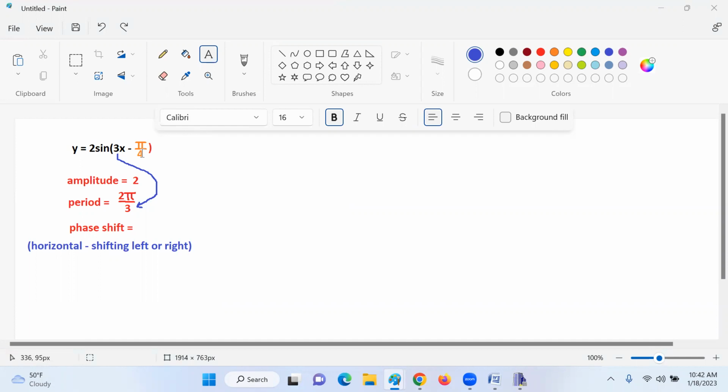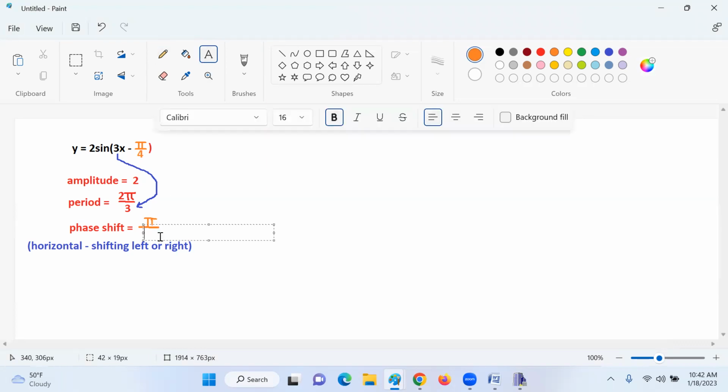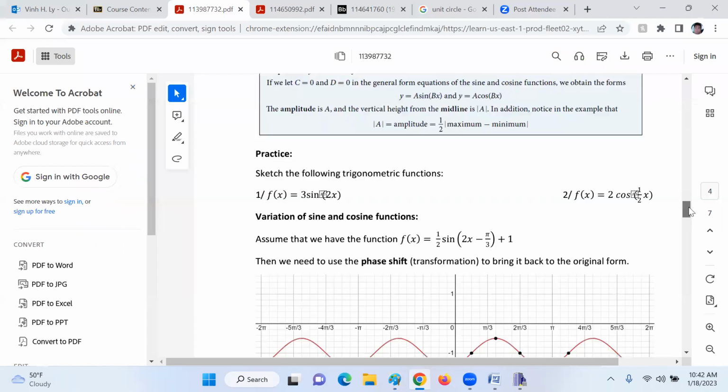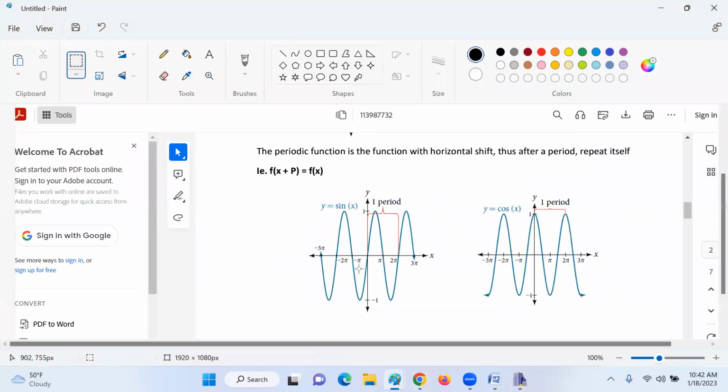Now we have 3x, so again we do the trick of dividing by 3. So instead of pi over 4, we're going to go by pi over 12. Does it make sense? Let me just show you what it is. Let me just put that down.